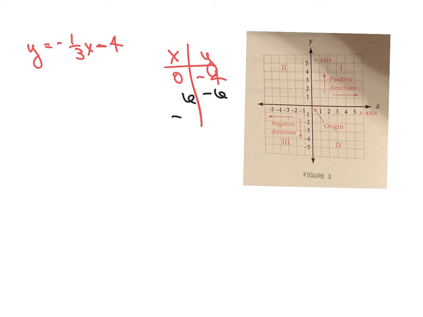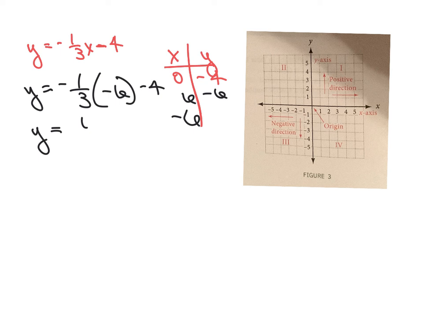And then we'll go to the next video. So y equals -1/3 times -6, or 6/3, minus 4. 6/3 is a +2 minus 4. That gives me a -2.